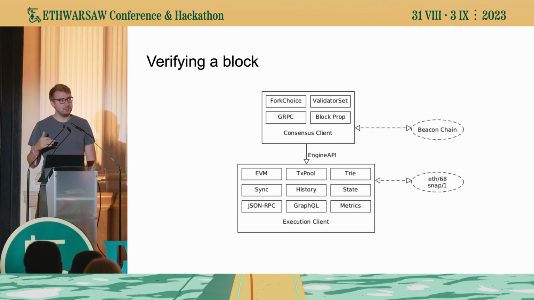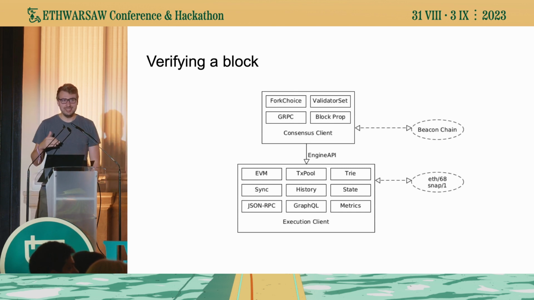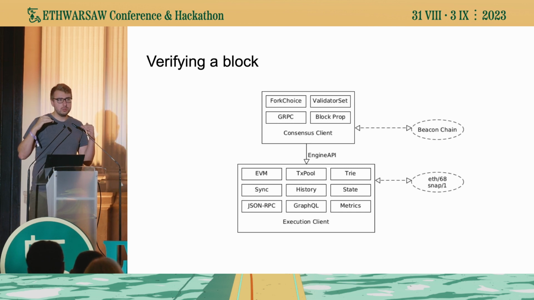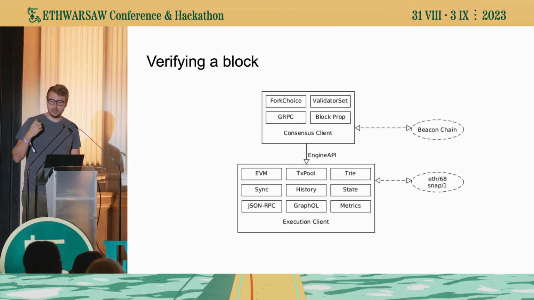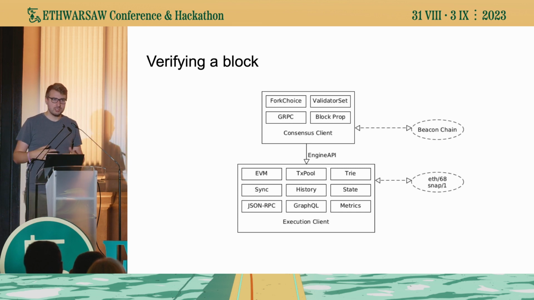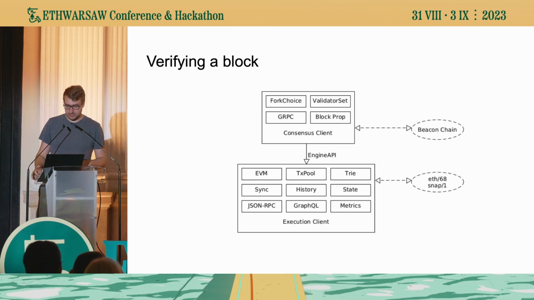The glue between those two nodes is called the engine API, and this is where we're going to start our journey today. I only know where to start. I don't know where we end up. So let's just go with it.